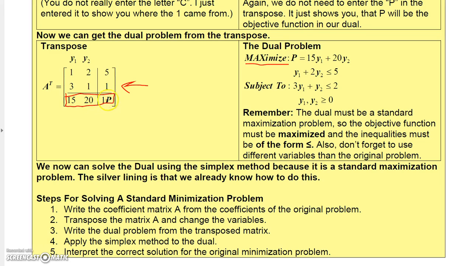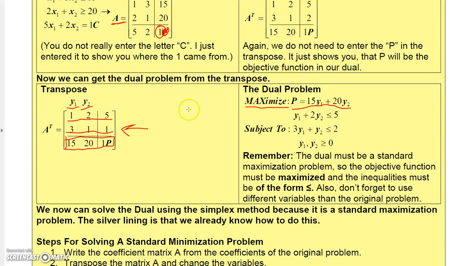That's P equals 15y1 plus 20y2. And then the two rows above are going to be my new constraints, but remember, we're using y values. So I'm going to have y1 plus 2y2 is less than or equal to 5, and 3y1 plus y2 is less than or equal to... is that right? Should that be 1? I copied that wrong here, right? It should be a 2.